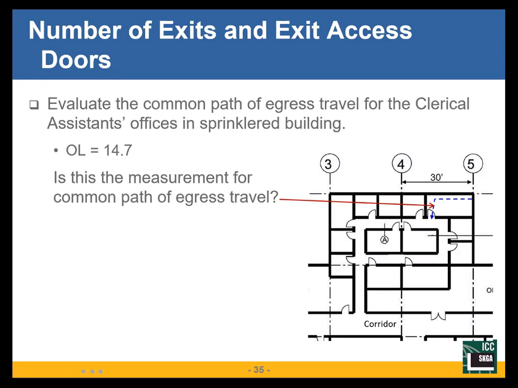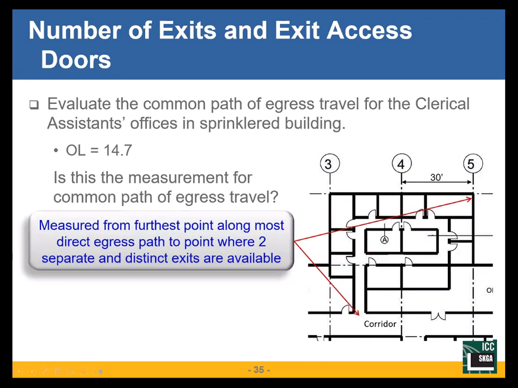Is that the measurement for my common path of egress travel? I reach a corridor. I can go either left or right in the corridor. Oh, I've got a choice. Yes, you do. But you all come back to this point here. Everyone has to travel through that point to get to this corridor.